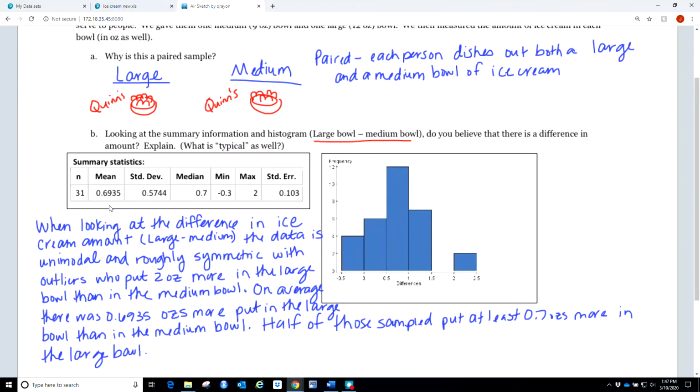All right, finally, I'm going to want to interpret that standard deviation. So we start at our mean of 0.6935.